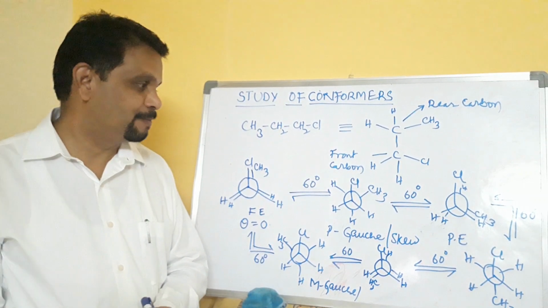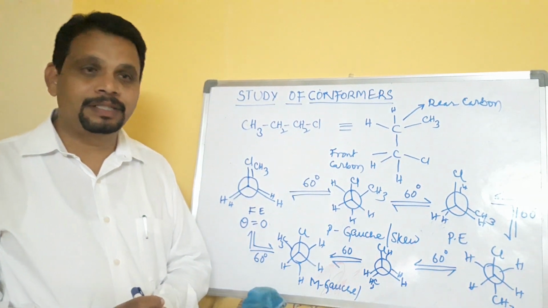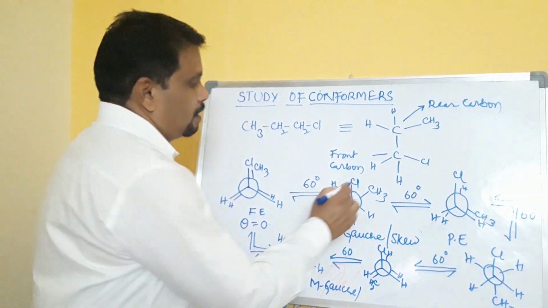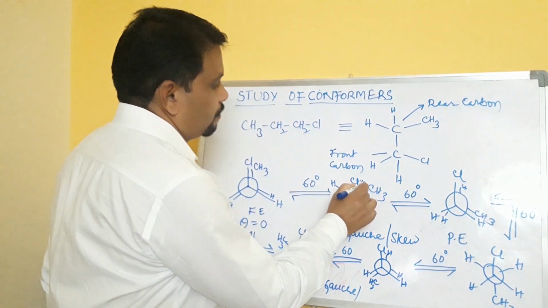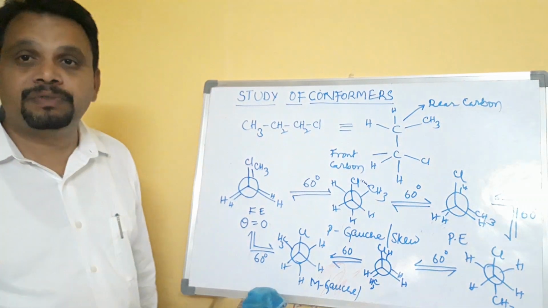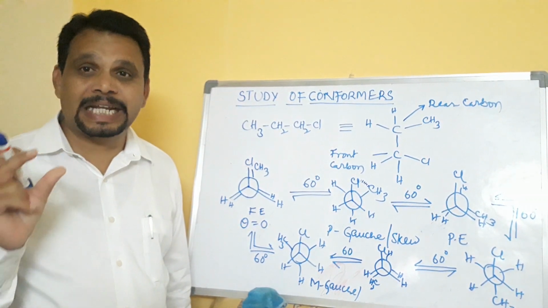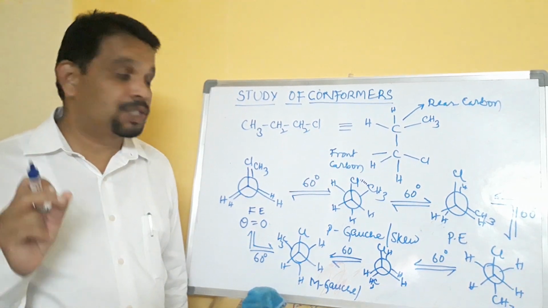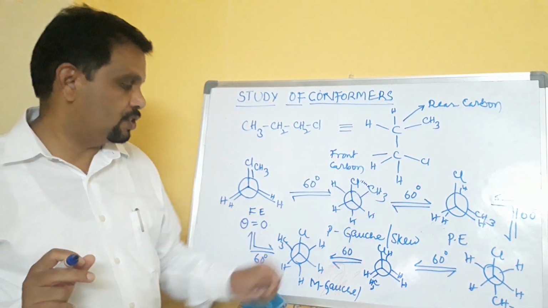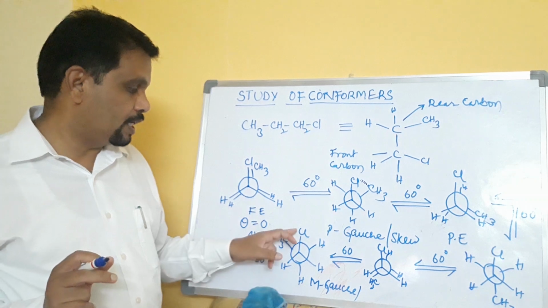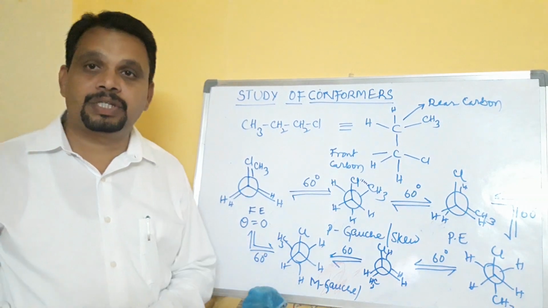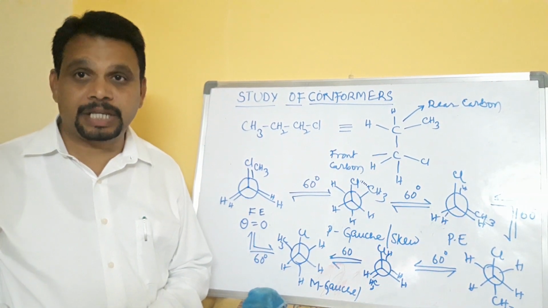You might think it is because there are van der Waals attractions between chlorine and CH3. Van der Waals attraction takes place between chlorine and CH3. In this M Gaussian also, between chlorine and CH3, van der Waals attractions take place.